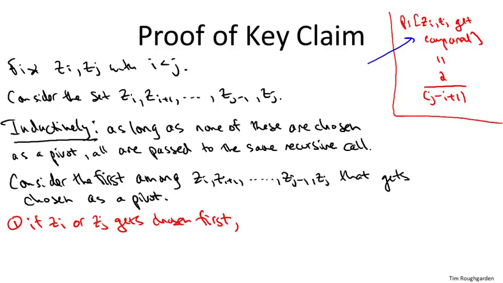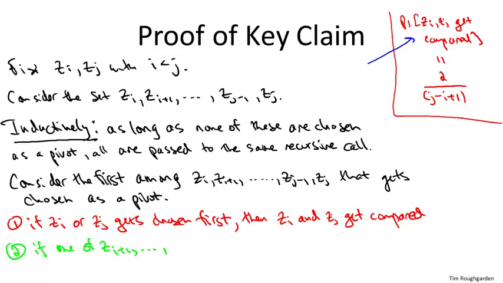If, on the other hand, the first of these j minus i plus 1 elements to be chosen as a pivot is not zi or zj, if instead it comes from the set zi plus 1 so on up to zj minus 1, then the opposite is true. Then zi and zj are not compared now, nor will they ever be compared in the future. So why is that? Well, that requires two observations. First, recall that when you choose a pivot and you partition an array, all of the comparisons involve the pivot.